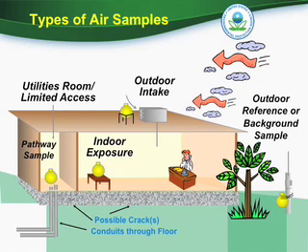Okay, so this is just, again, the different places where we would collect samples. The thing that's a little bit different about this is for commercial buildings. So in addition to having indoor and outdoor samples, we'll also take a sample up by the HVAC system. So we will take an air sample basically right where the air intake is on the roof for the air conditioning system.